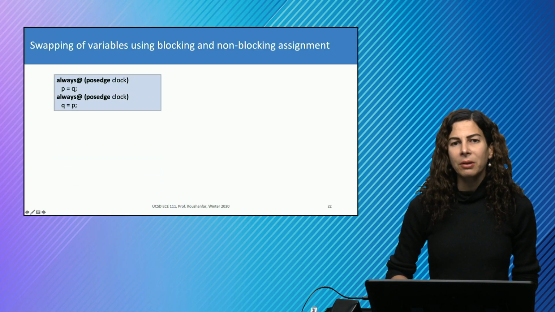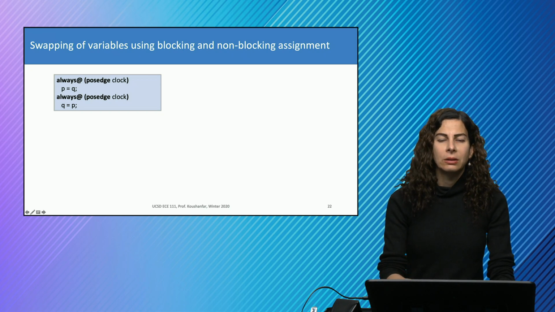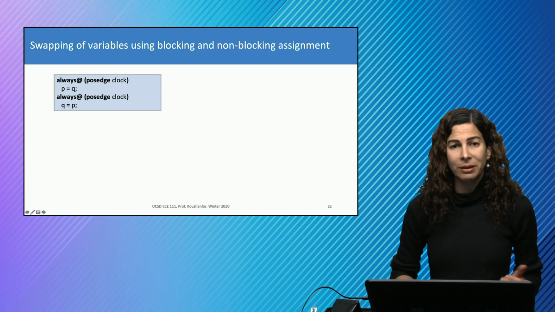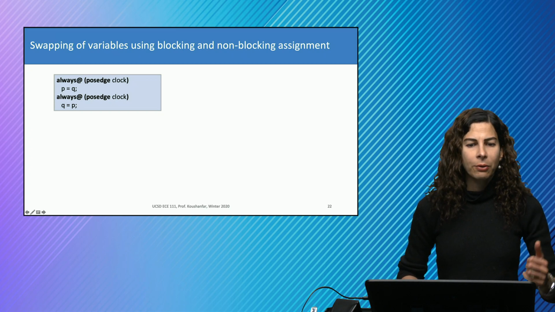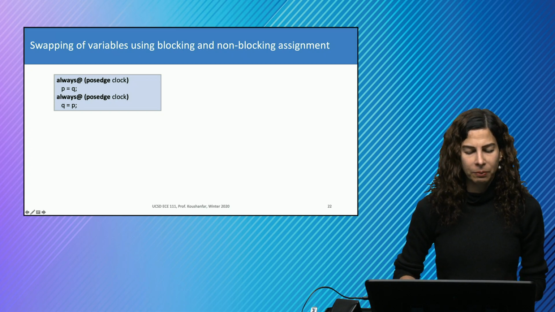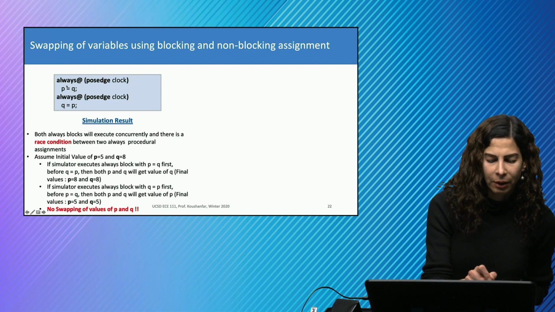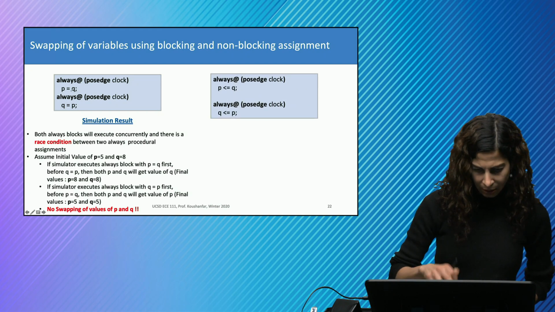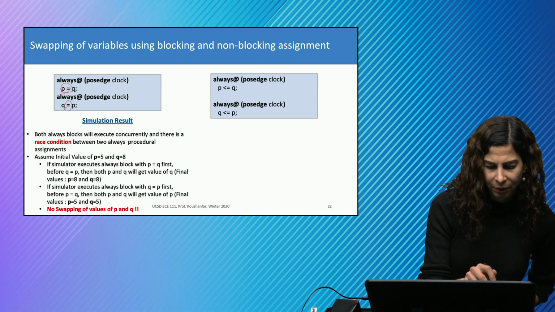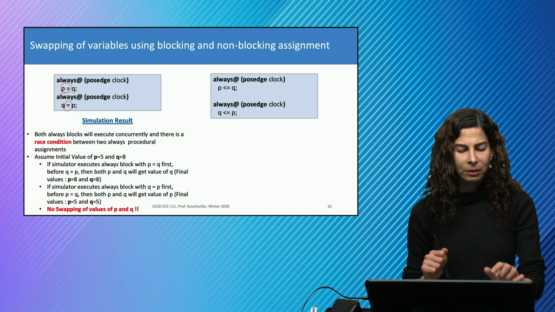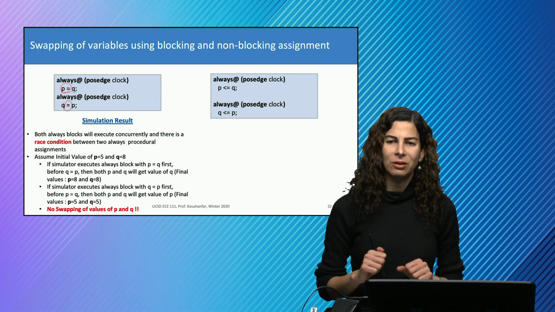Here is another example of swapping variables. If you have non-blocking assignments or a sequential logic, at the positive edge of the clock, and you use this blocking assignment, this will introduce a race condition.